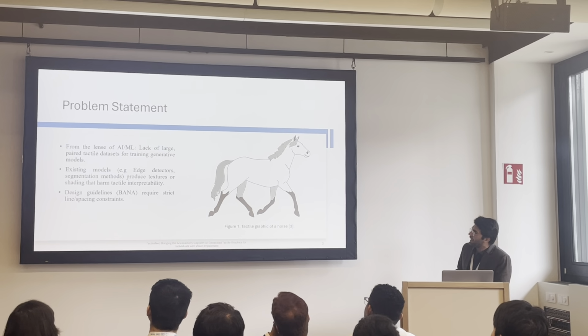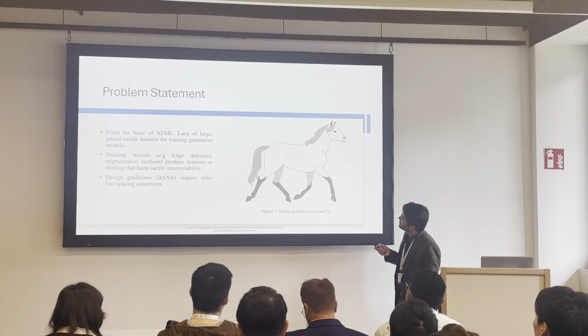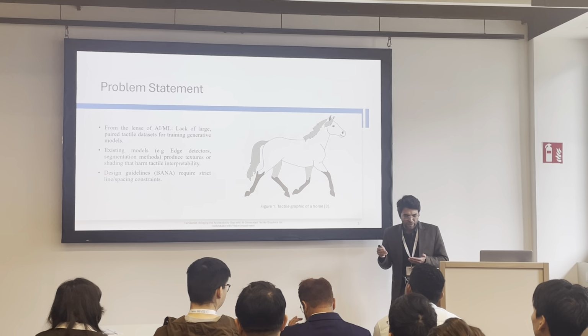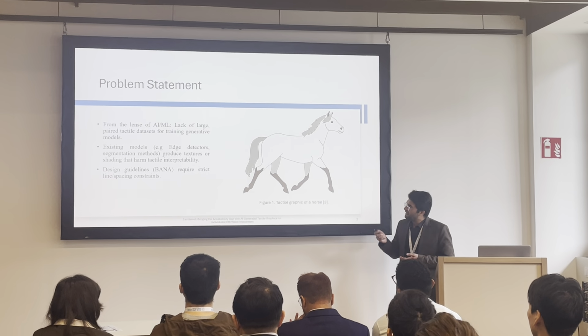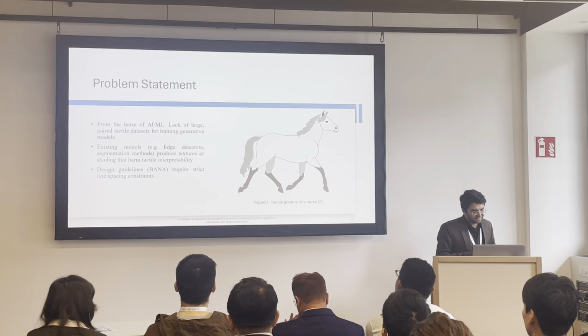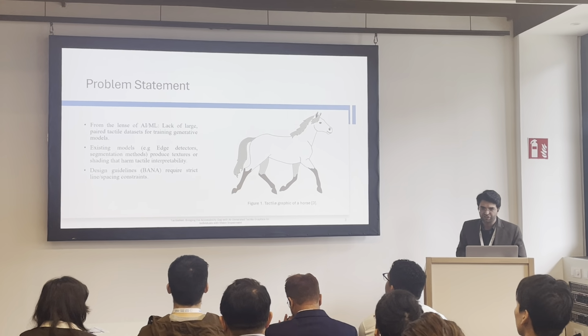But here I would like to draw your attention to the forelimbs and the backlimbs, where we have different textures, the differentiation, so that a visually impaired person, when they roll their hand over the digital display or braille embossed paper, can actually feel this distinction. Existing models like simple edge detection or segmentation methods won't be optimal in this case.